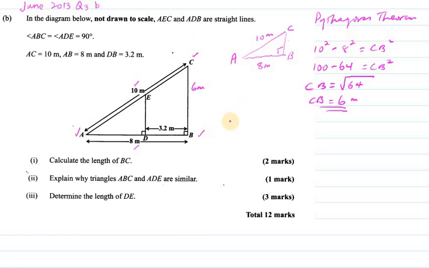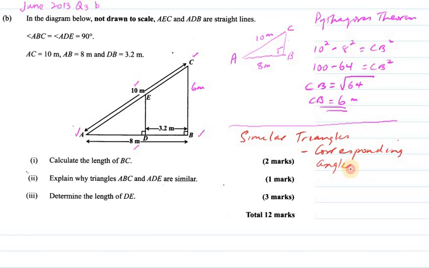Now, for similar triangles, what we have to remember is that corresponding angles are equal, and the ratio of corresponding sides are equal.